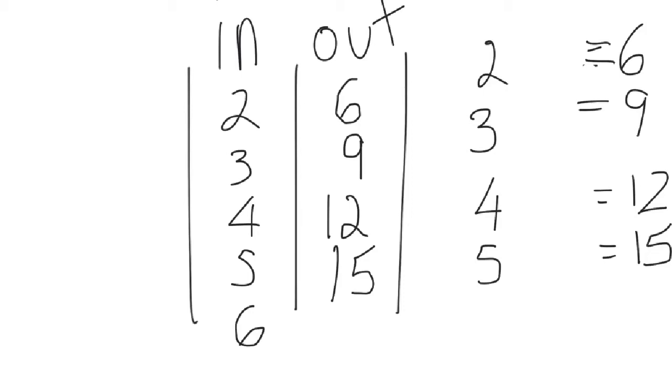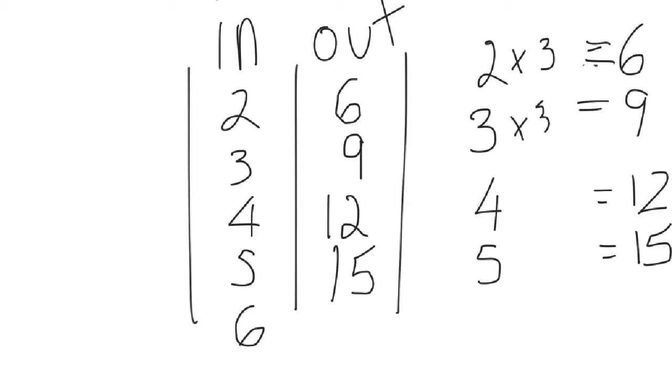Let's try this. 6 is 3 groups of 2, I know that. And 9 is 3 groups of 3. It looks like I'm going up 3 times as big. So I'm going to try multiplying. 2 times 3 does equal 6.